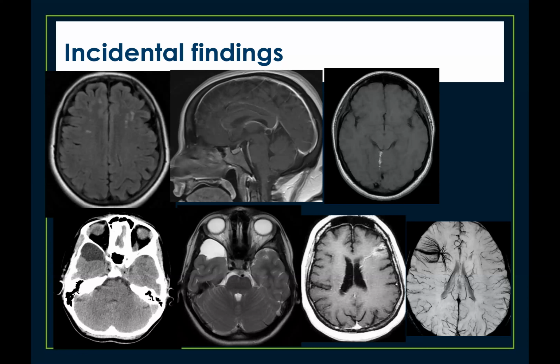In 2021, there was a paper reported in Nature showing that if there are no vascular risk factors, there is no clinical significance for those T2 hyperintensities. It's not related to severity of the migraines. There is no prognostic value, and it's not related to the migraine type.